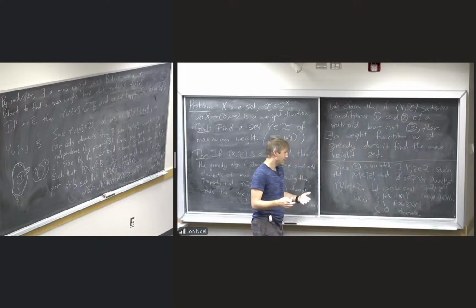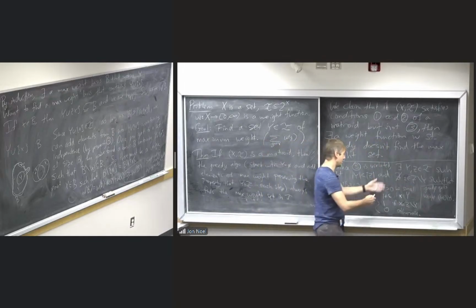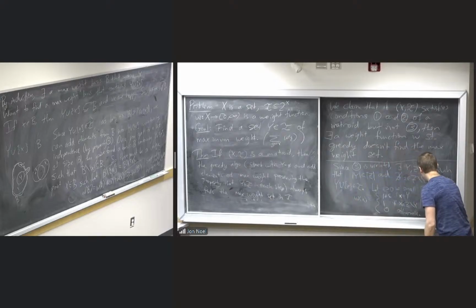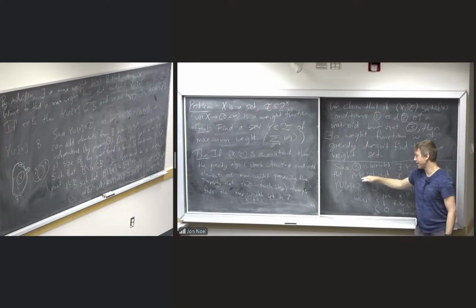But if I just took things from z, z itself has weight at least the cardinality of z. It could be even higher if z has some common elements with y, then it's even bigger. And then now just pick your epsilon, because you've got a bit of a gap here, right?